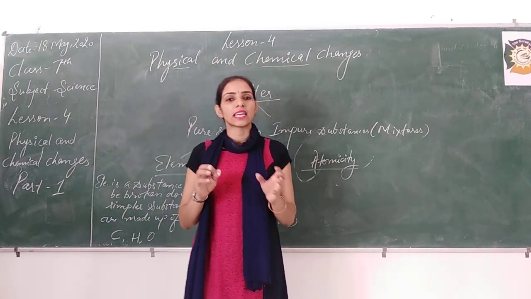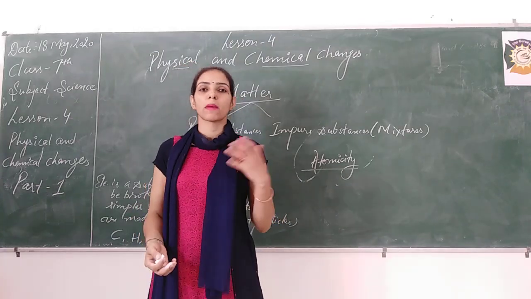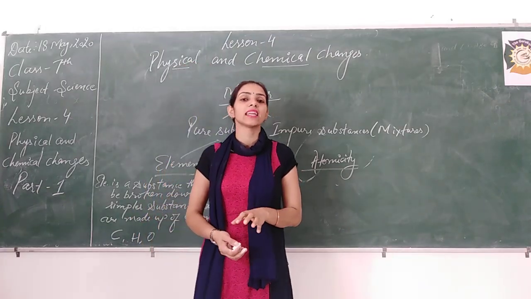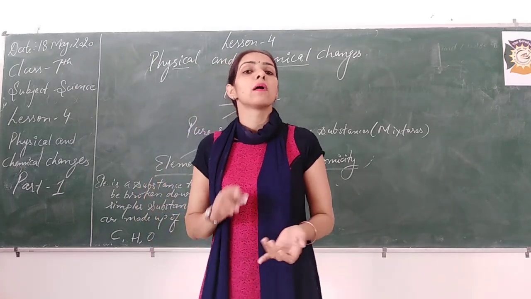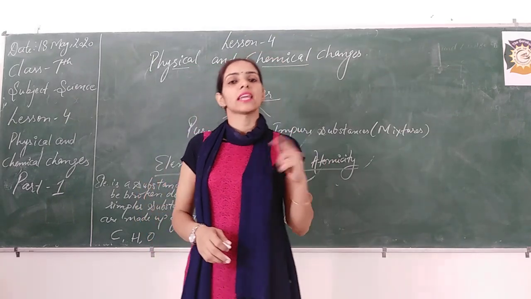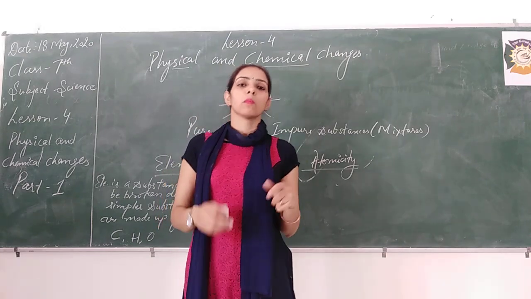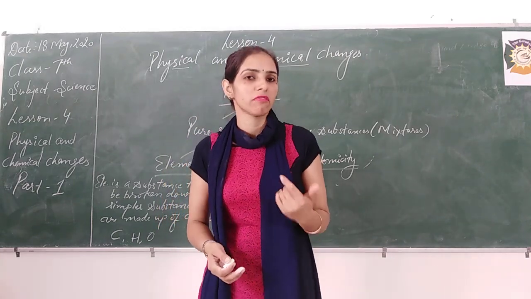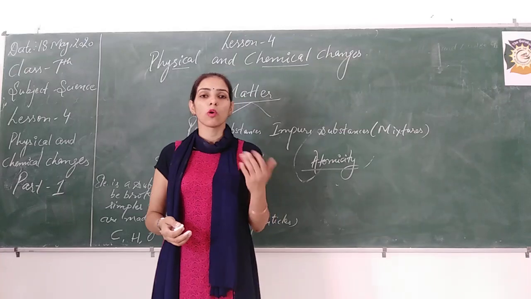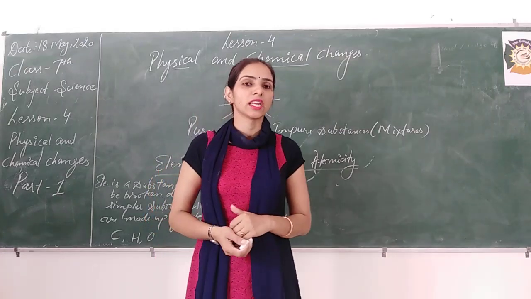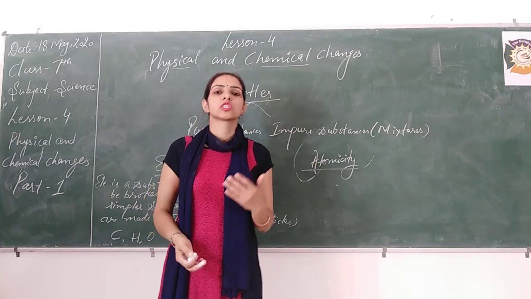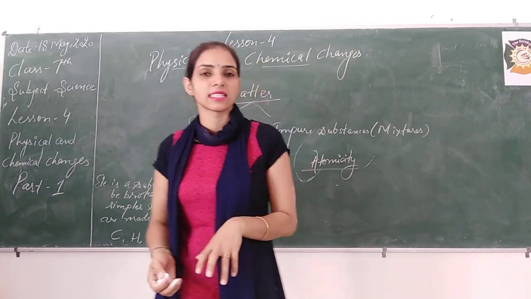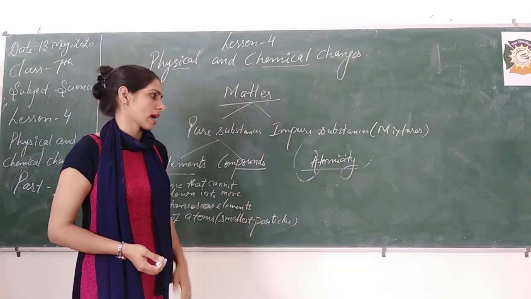Means they need some more atoms to combine, only then they can exist. Means some of the elements exist in pairs, right? Next is there are some more elements, the atoms of which needs more than two atoms to combine. Okay, so that means they need more and more atoms to combine to exist. So I'll give you some examples.